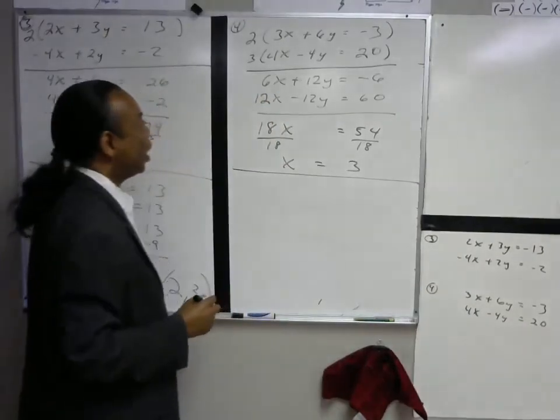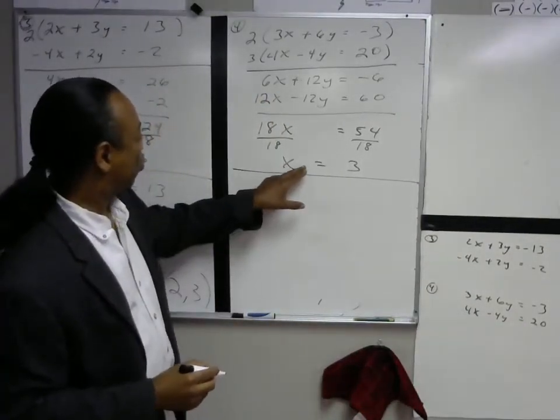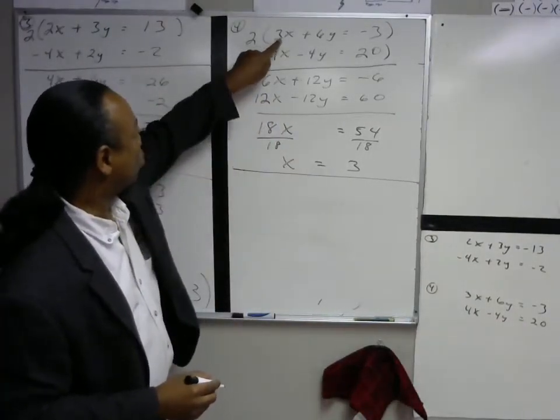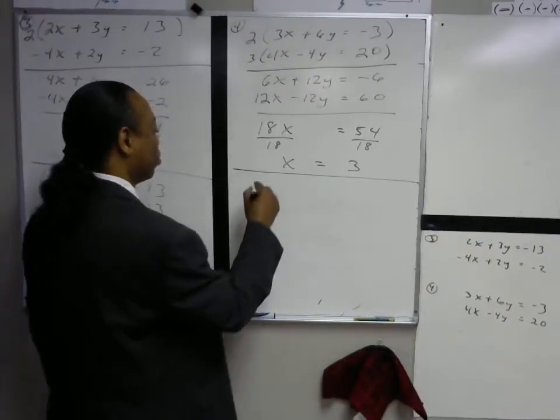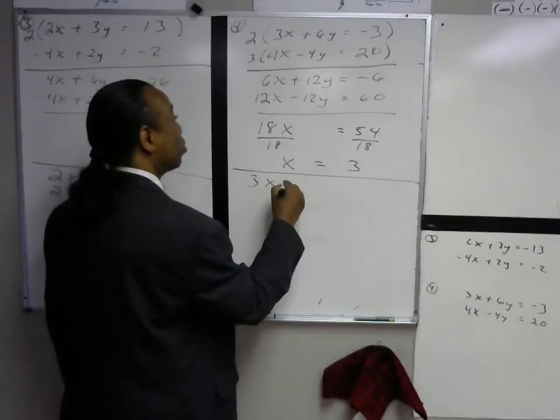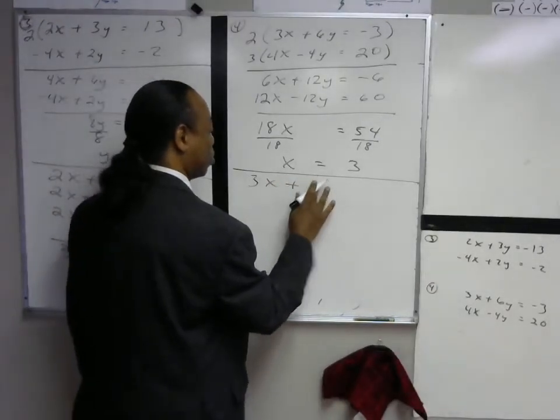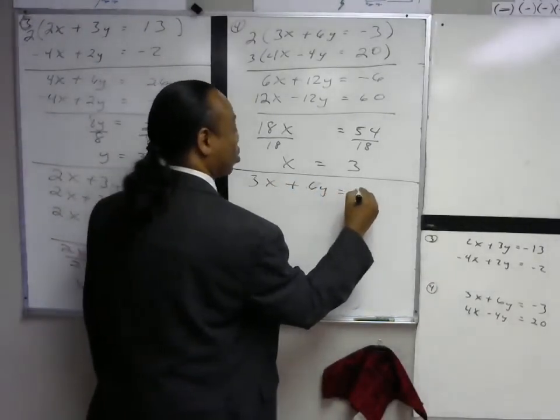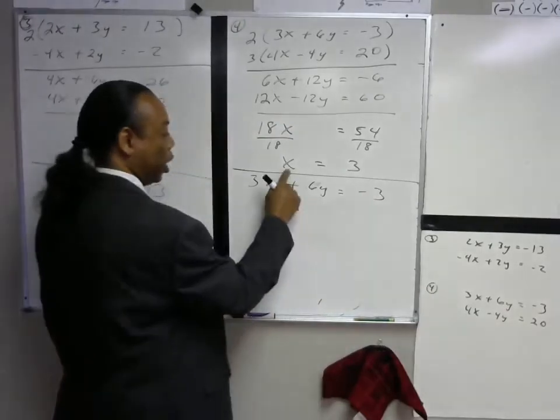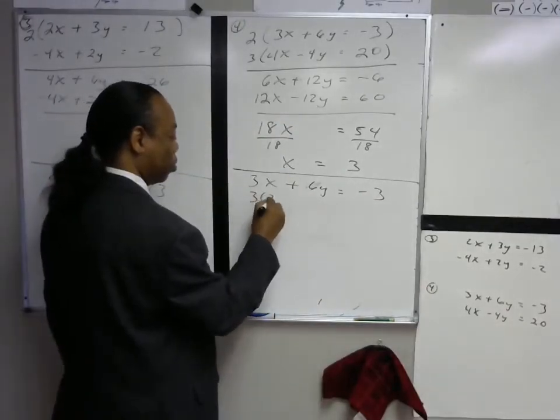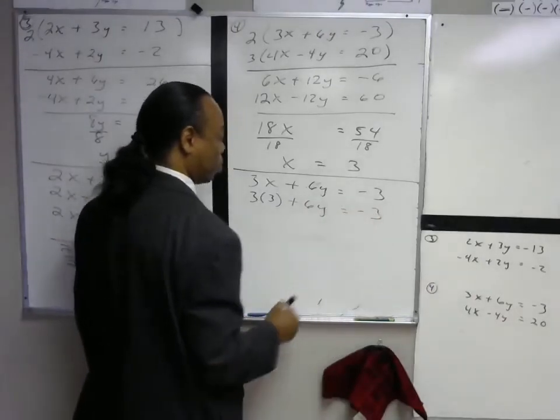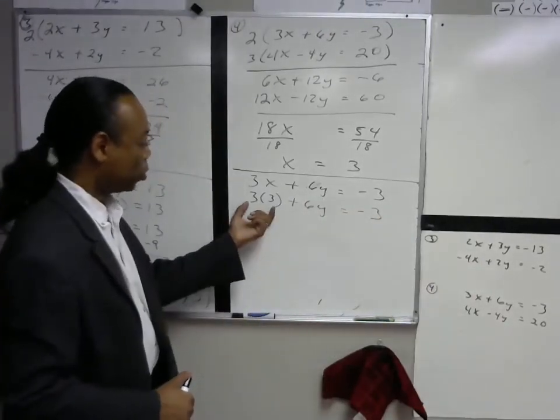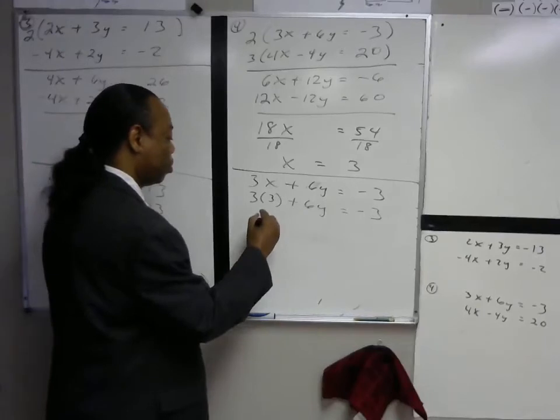Okay, now let's put 3 into one of the equations. So we're going to do substitution. So I'm going to use 3x plus 6y equals negative 3. Okay, so the x will come with 3. We're going to multiply these two and become a 9.